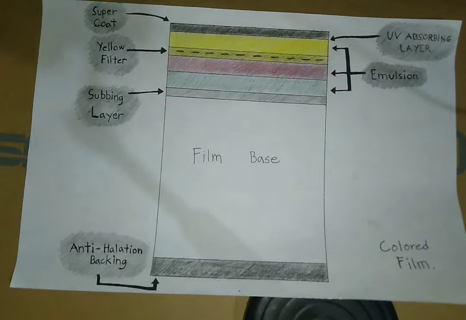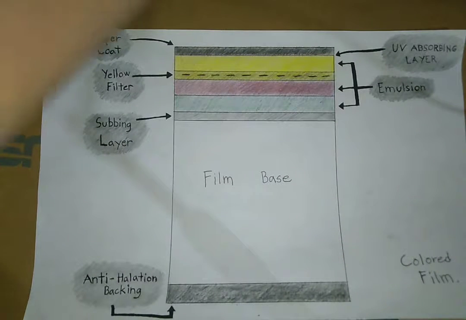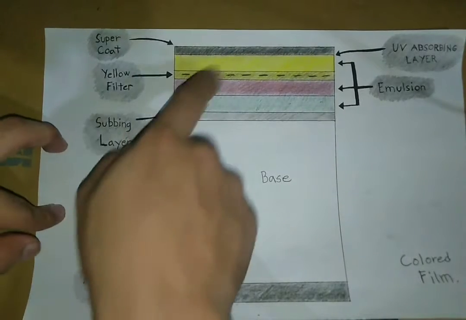So, next, our colored film. What is the process of every part of a colored film? Let us start with the top coat.